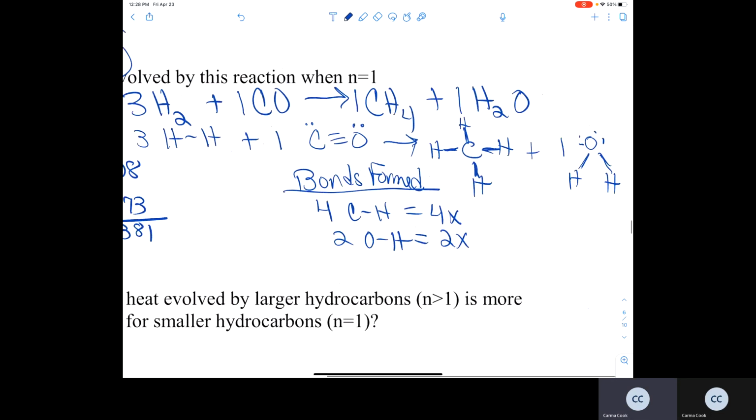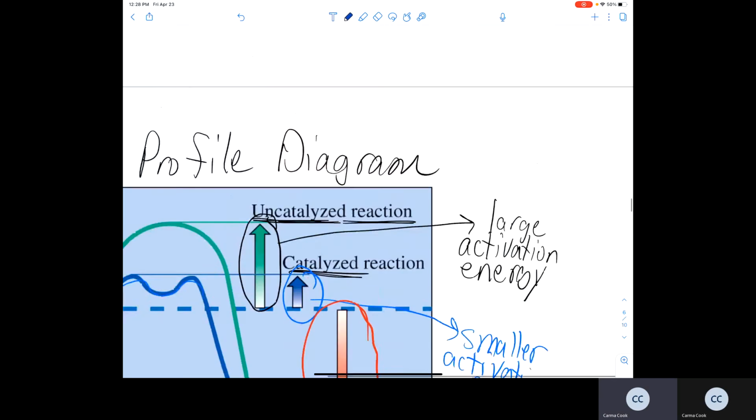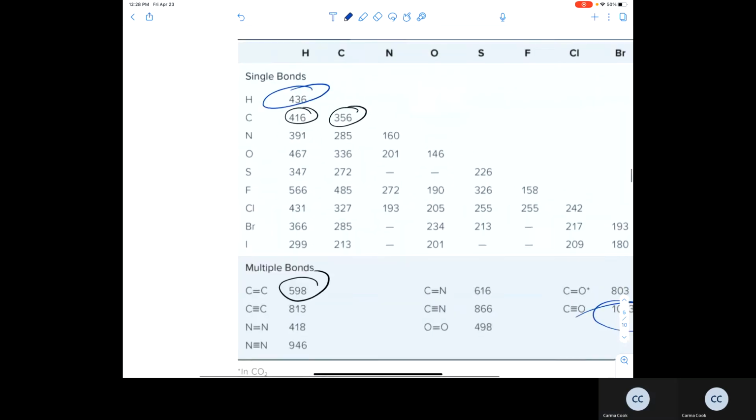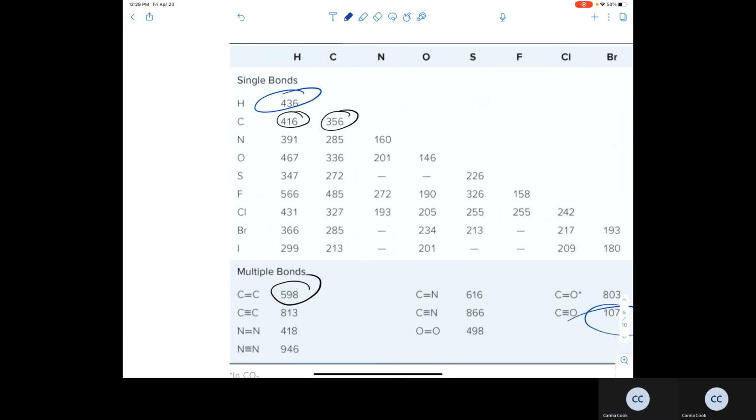Now for bonds formed, a C-H bond is 416 and an O-H bond is 467.